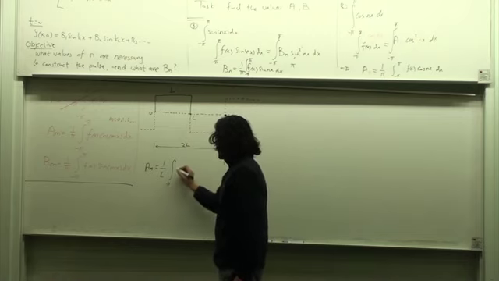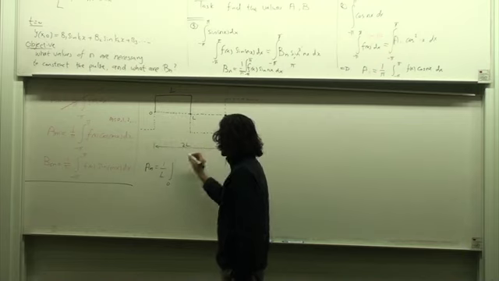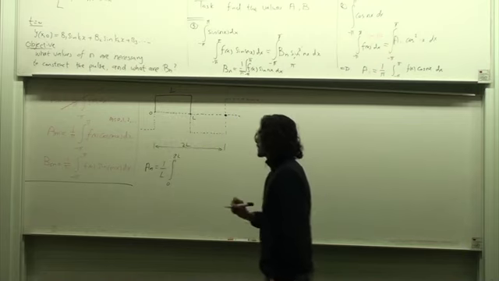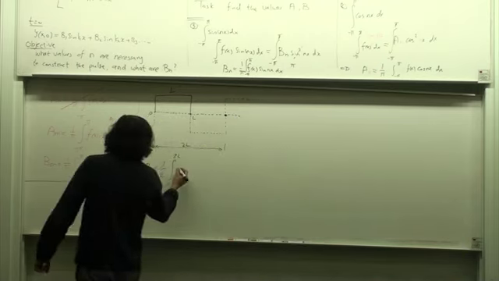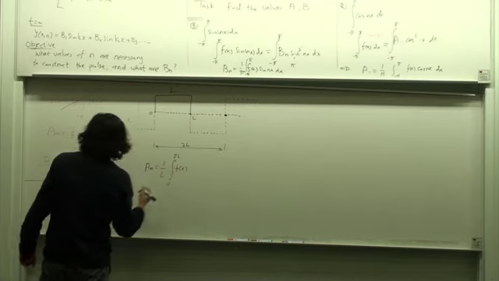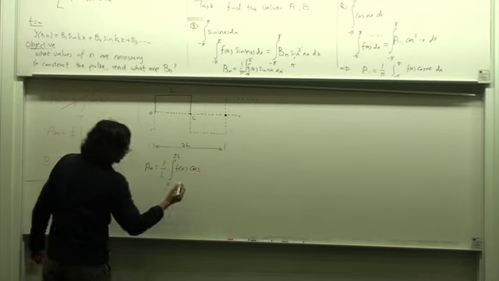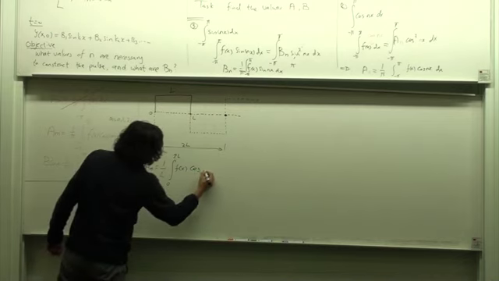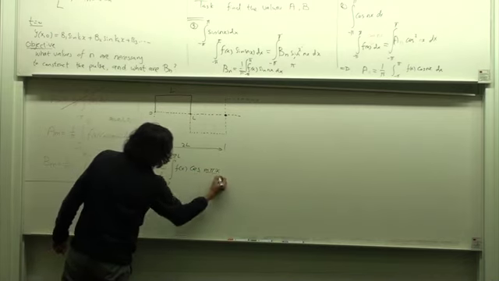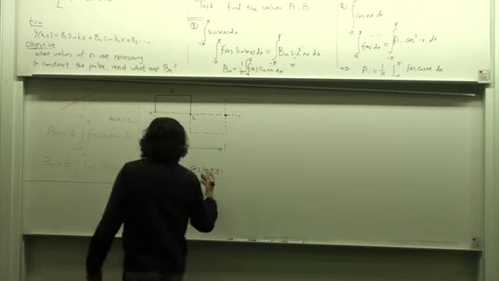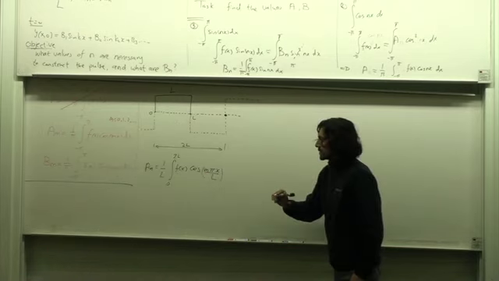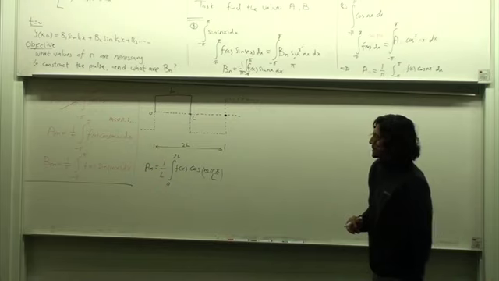Let's say from 0 to 2L, f of x. Now you need the cosine m pi x over L. Now x is in meters, not in radians. dx.